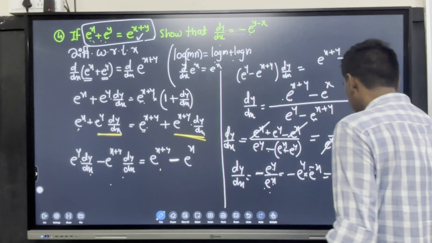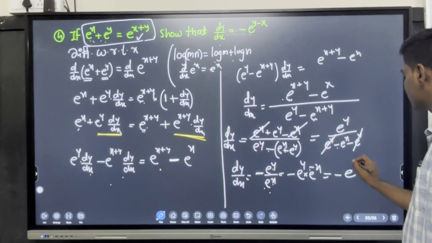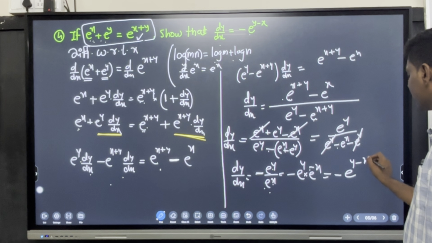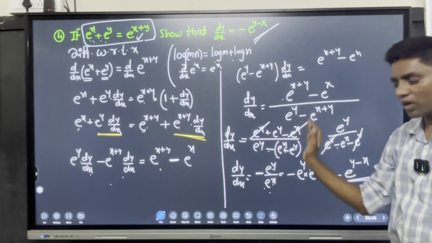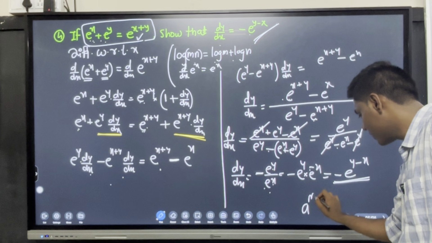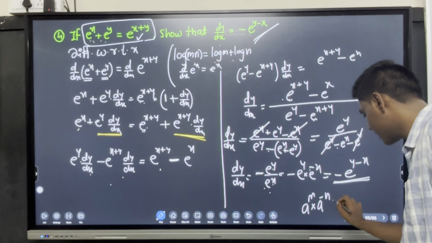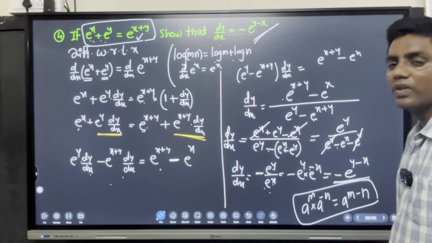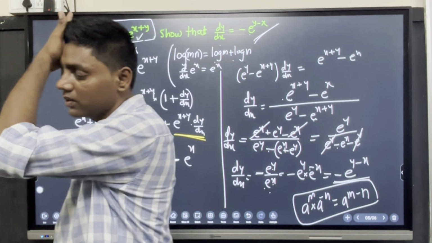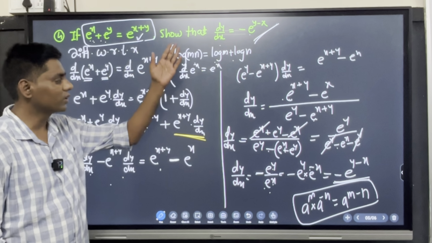And according to the formulas of exponential, the answer is e raised to y minus x. So this is the final answer according to how we solved. And remember the formula, a raised to m into a raised to minus n, the answer is a raised to m minus n. So this is the formula of exponential. So here we apply the formula of exponential and we complete the question.